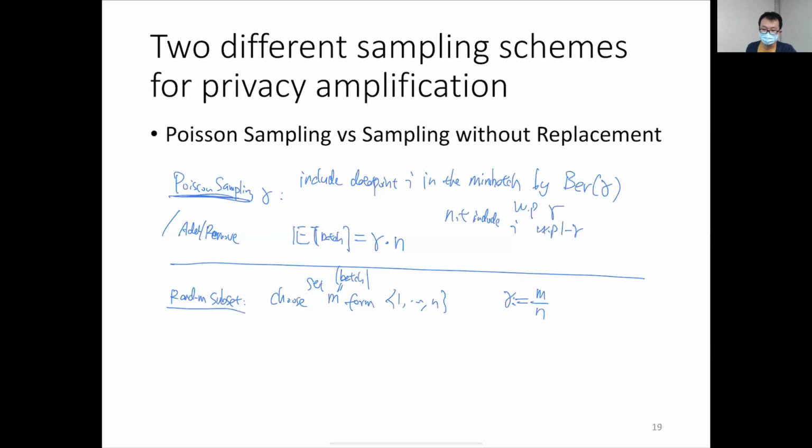So this is really finding a random subset, and each subset has an equal probability of being chosen. This notion of amplification by sampling works really well with the replace-one neighboring relationship. If you replace an individual, then the two neighboring data sets have the same cardinality.